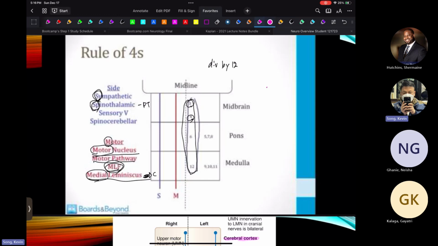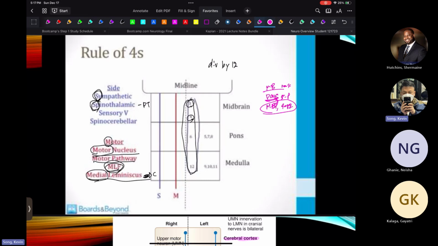This will be a very useful tool especially when you have the brainstem regions like midbrain, pons, and medulla, right? So this is like 1 through 4, 5 through 8, 9 through 12. When you have a region in the medulla, you don't see anything with 1 through 4 or 5 through 8. For instance, you don't see anything with eye movement in the medulla.